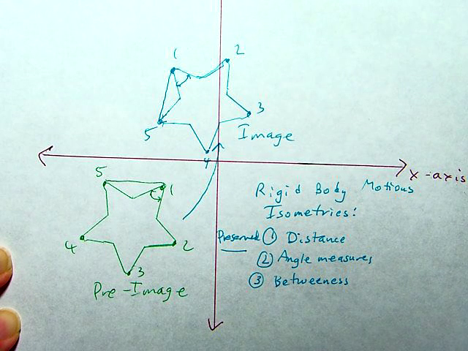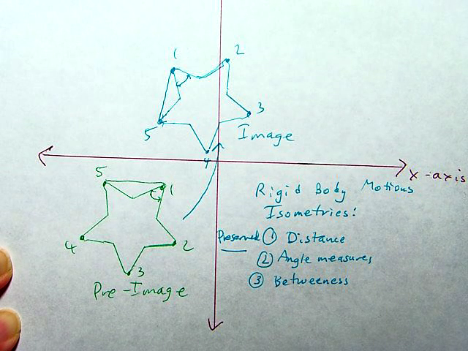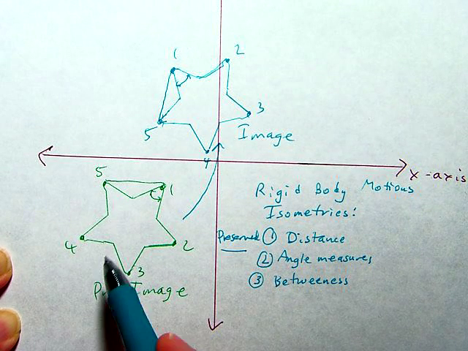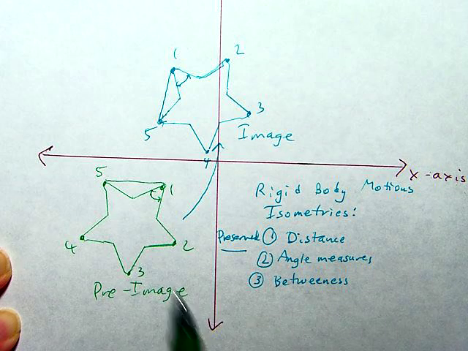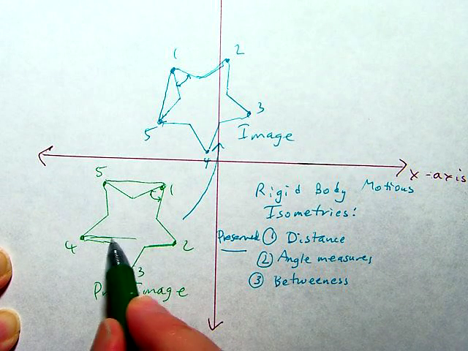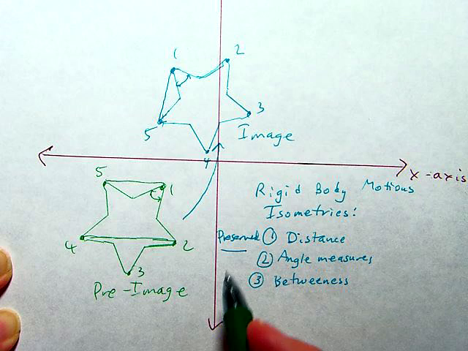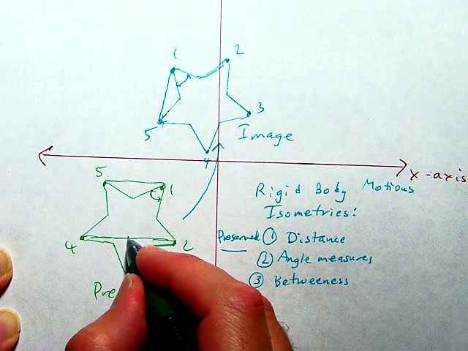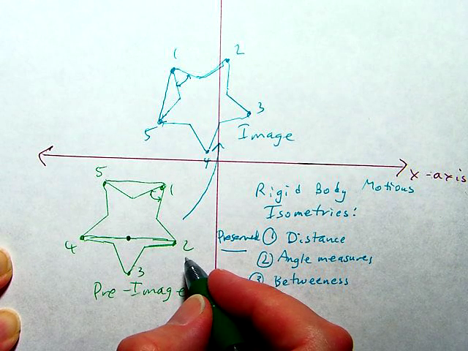Which means that any point that's between any two other points would be preserved. So, for example, let's take a look at the line segment between 4 and 2. Let's say there's a point here that's between point 4 and 2.